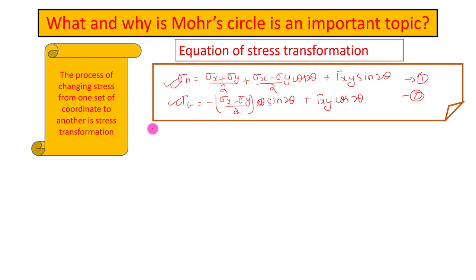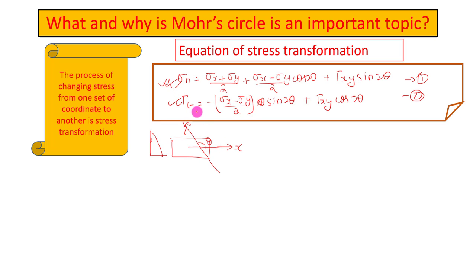I will give you the graphical representation for this. Suppose we have some element like this in the xy plane, and we are cutting this element by some plane which is making an angle theta with respect to the x-axis.